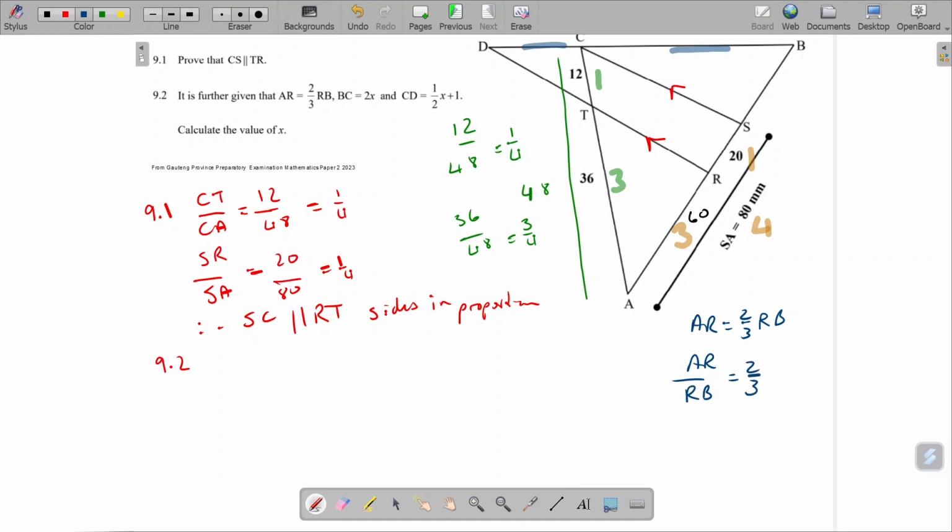Again, the proportion means that we've got equal fractions. Let's use a third color, we haven't used red yet. So we are told that AR to RB is in the ratio 2:3.